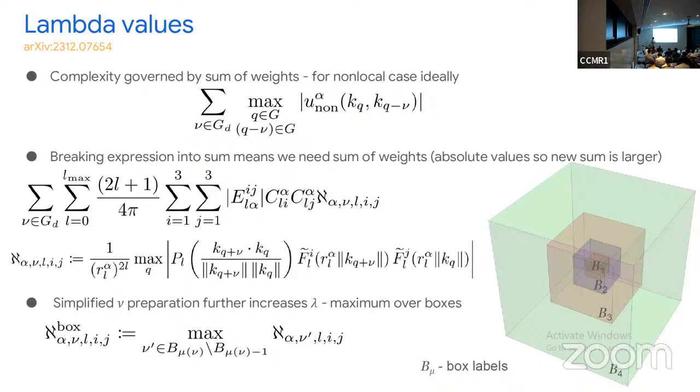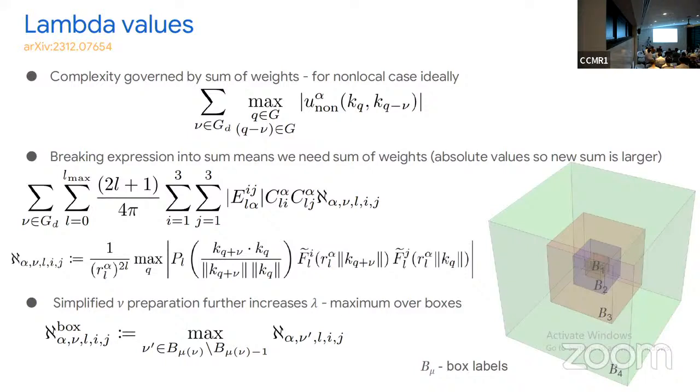So the values of nu are prepared according to this scheme with nested boxes. So the nu is in this three-dimensional space, and essentially if you look at the inner nested boxes, you'd be preparing all the same weights for nu. Then if you look at this box, excluding that inner box, you're preparing the same weights for nu again.